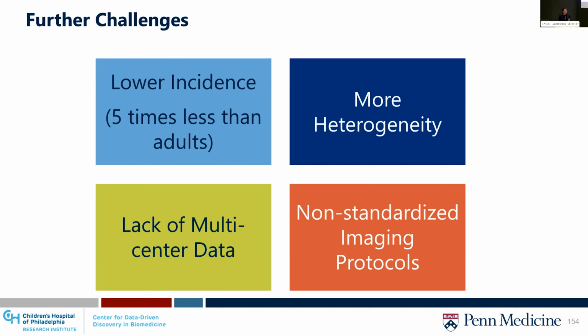And there's a lack of multi-center data at the moment, and some of the imaging protocols have not been standardized. So we have come across a lot of scans where even T1 pre didn't match T1 post contrast, and therefore we had to exclude those patients from our cohort. Also, there is more heterogeneity in pediatric brain tumors.